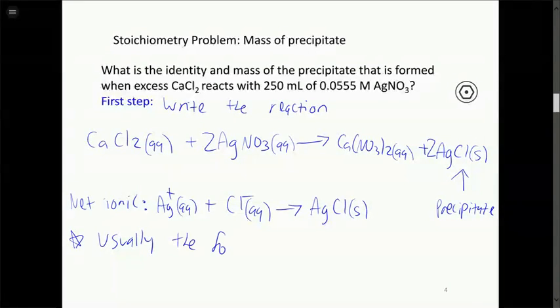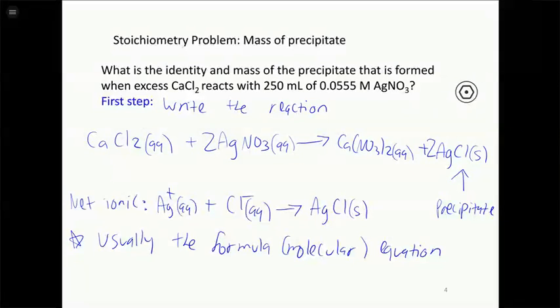We learned how to write net ionic equations, and that's something you'll have to do on your own on the exam and on the homework assignment this week. But if you're doing a stoichiometry problem, I would say don't bother going all the way to the net ionic equation. Usually just this equation up here, what we call the formula equation, that just has all the species intact, is going to be the most convenient representation to use for the stoichiometry problem.